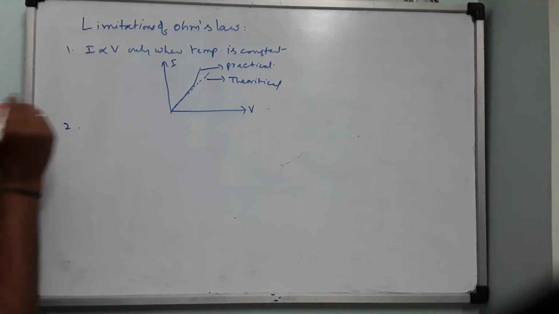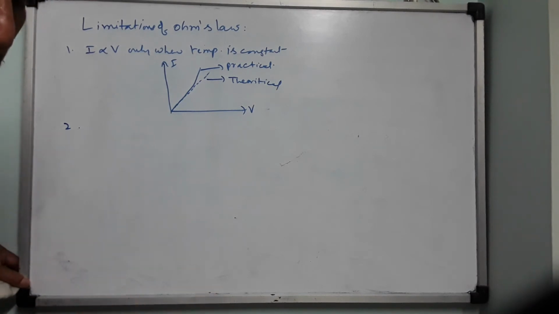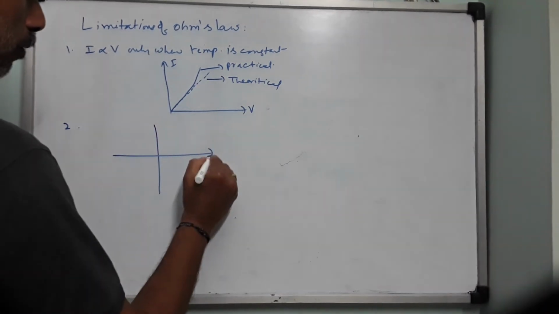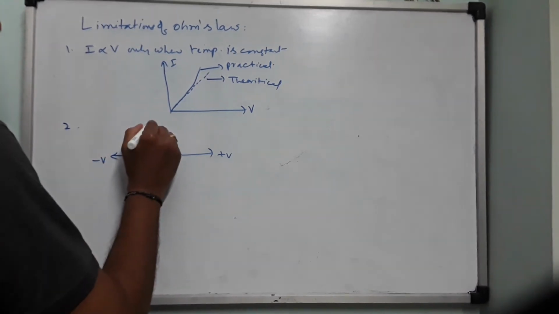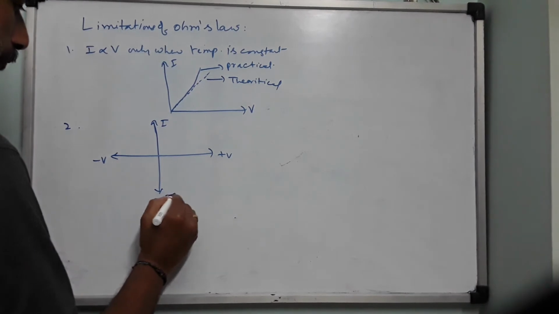Number 2. If you reverse the sign of the battery you have connected, suppose you have given 5 volt and you obtain a certain current, you see one pattern. This is plus voltage and this is minus voltage, so this is plus current and this is minus current.